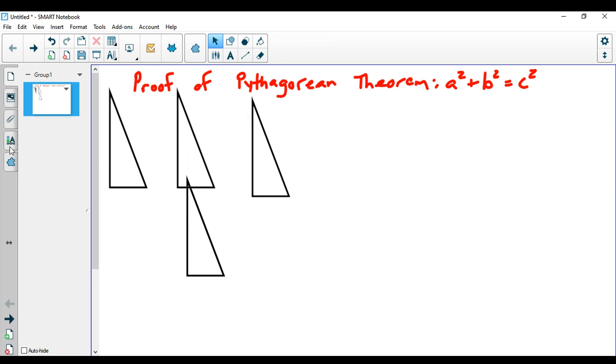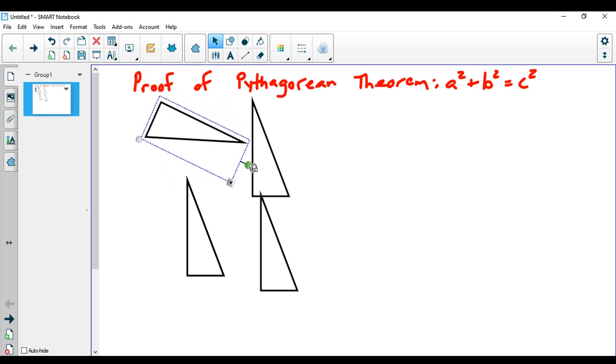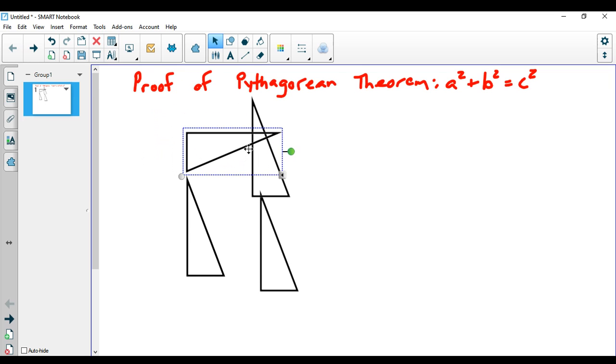make 4 copies of the exact same triangle. And we know that they're all the same size because I literally just copied and pasted them. And I'm just going to arrange them in a certain way.